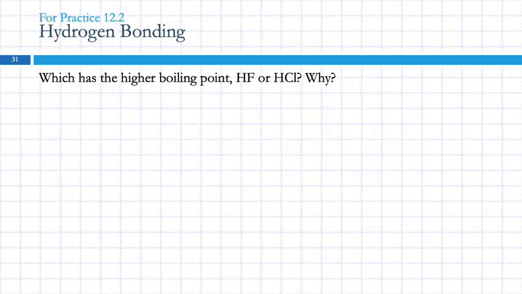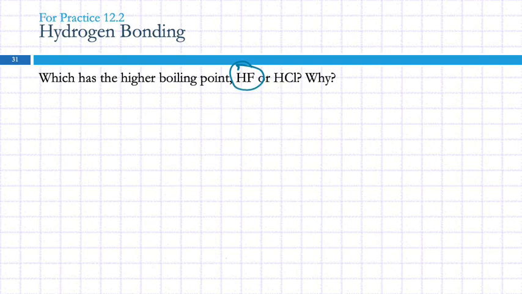Okay, this is a kind of question you should be able to answer for a test. Which has the higher boiling point, HF or HCl? I hear little whispers of HF. That's correct. HF. Why? E.T. phone home, right? So here we have two diatomic molecules. There's just two atoms.